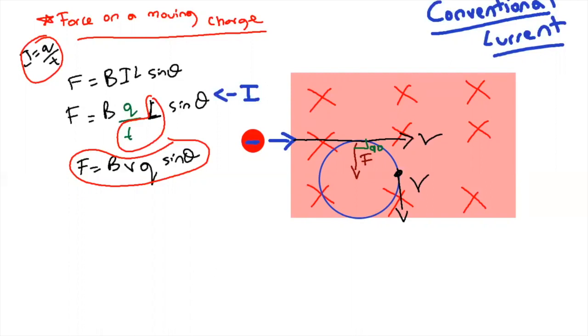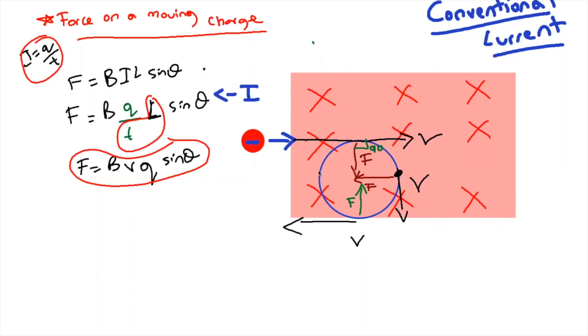Let's use Fleming's left-hand rule. Current is upwards, and my thumb is going to be towards the left. So force is going to be towards the left. And the same process is going to repeat itself, and we're going to end up with this. So V is going to be here, and force is again going to be towards the center. The same thing repeats.